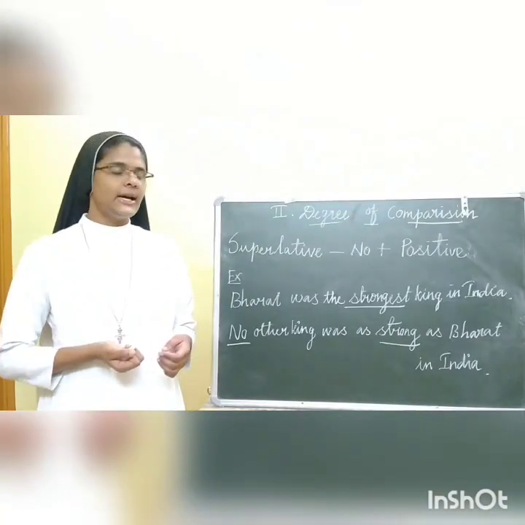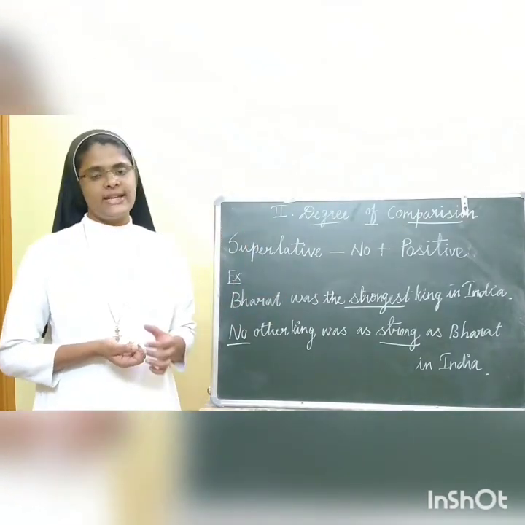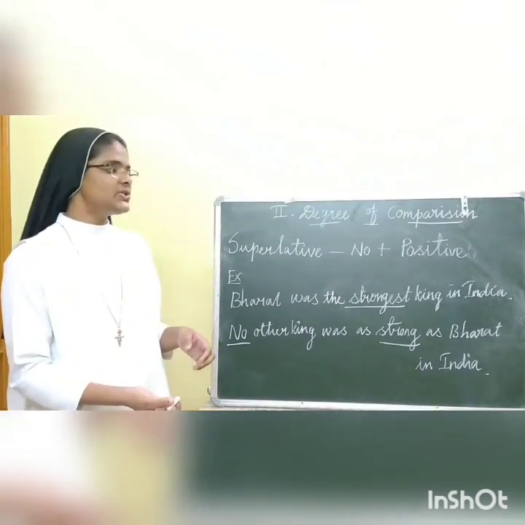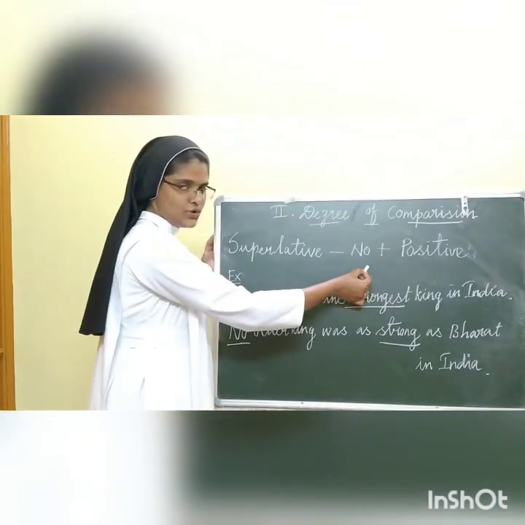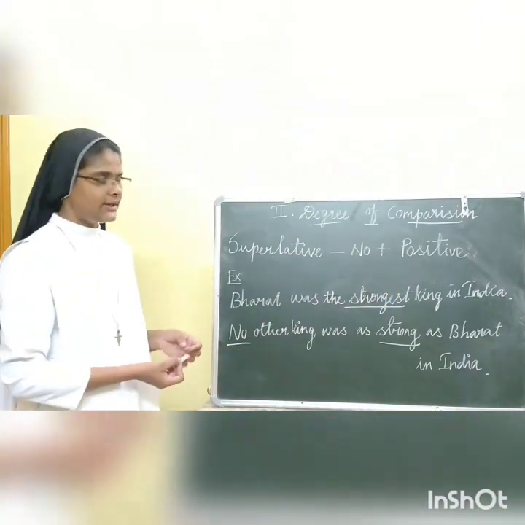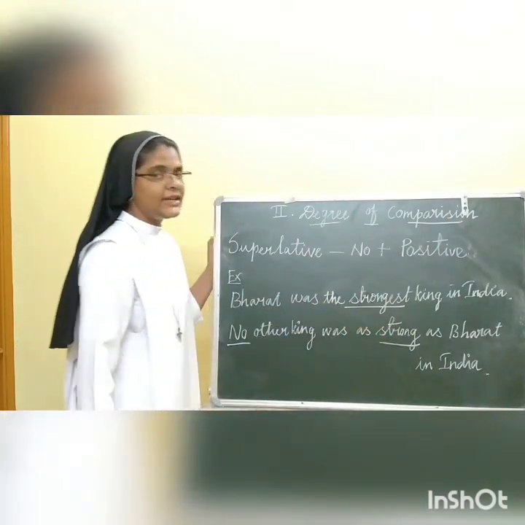Now let us see how to change the superlative degree into a negative sentence. If you want to change the superlative degree into a negative sentence, we have to use no, and the degree will change into the positive degree. For example, Bharat was the strongest king in India.